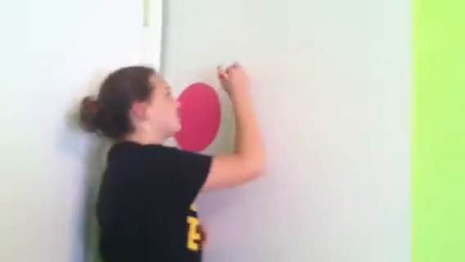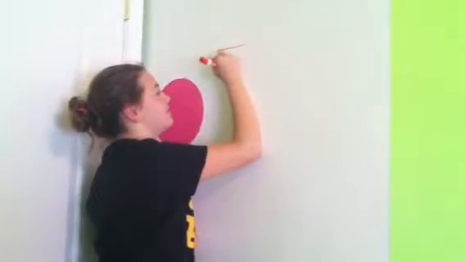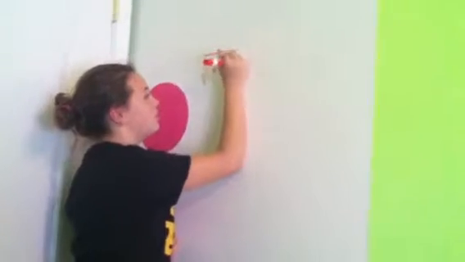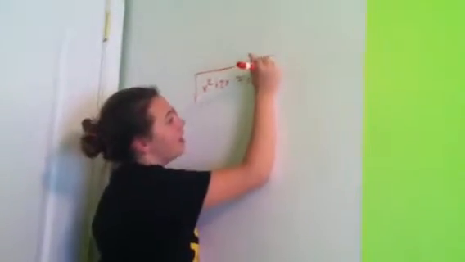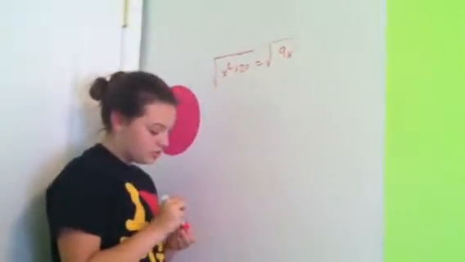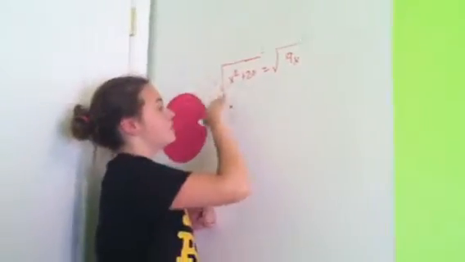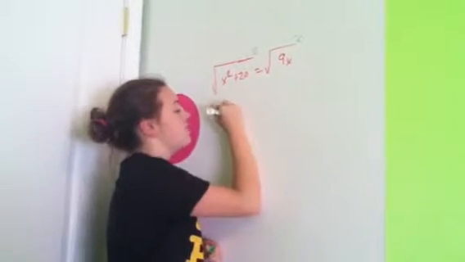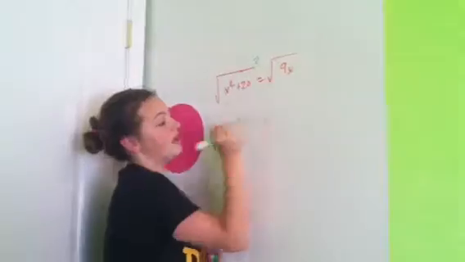So the actual equation, now with my x's, is x squared plus 20 equals square root of 9x. There we go. So, to solve this equation, we are going to square both sides to get rid of the square roots. So you're left with x squared plus 20 equals 9x.